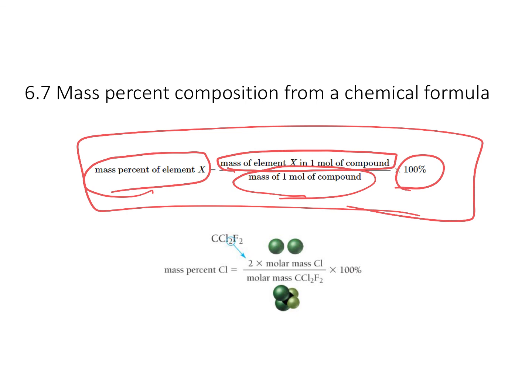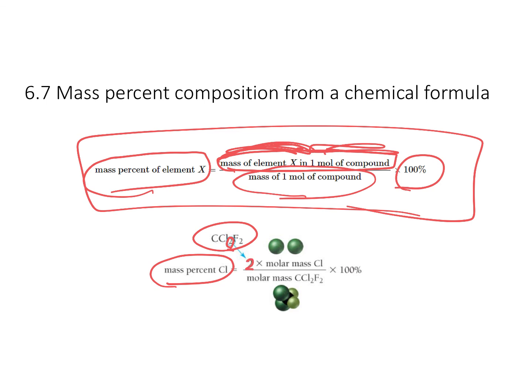For instance, to find the mass percent of Cl in CCl2F2, the mass of Cl in 1 mole of compound requires remembering that you have 2 Cl atoms.